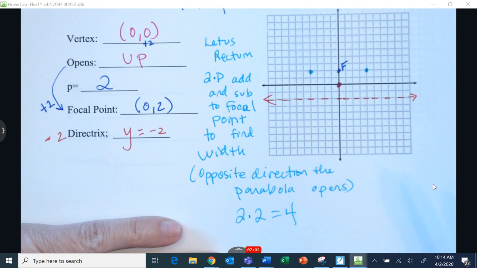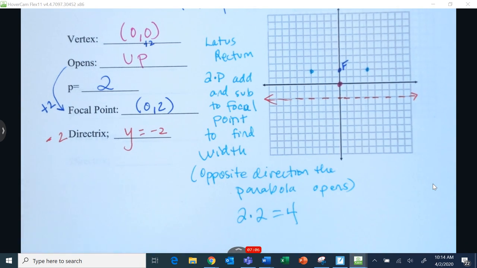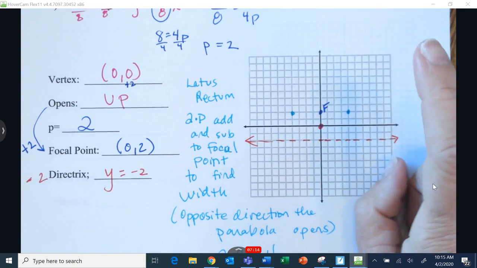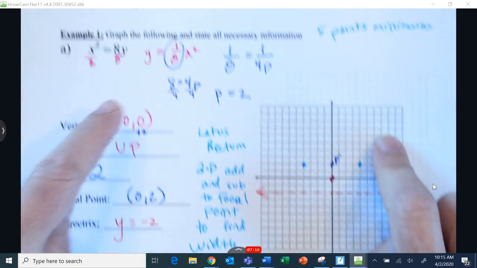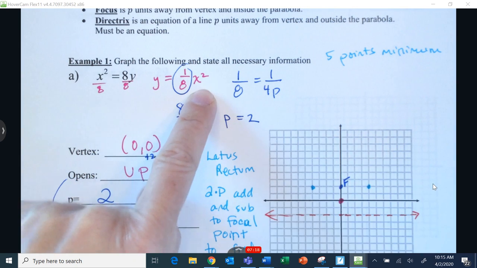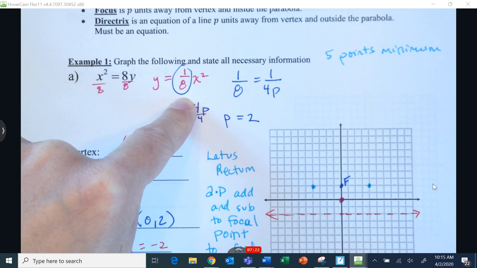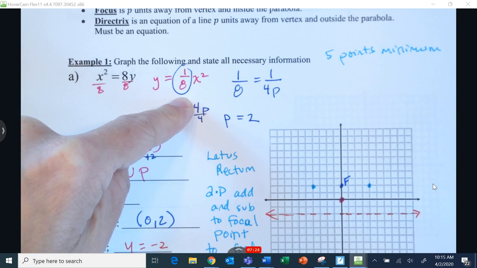Those should be points that are on the parabola connecting through the vertex. That only gives me 3 points, so I guess I'm stuck either making a table of values and doing transformations like we've done in the past, or maybe just plugging in one value because I really just need one other point and a mirror. So if I'm plugging in a value for x, I'm going to plug in something that I can multiply by 1/8 easily and don't have to deal with fractions.